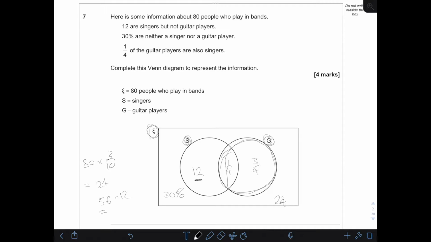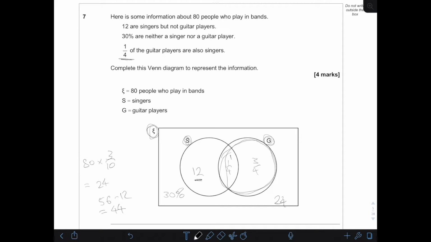We know that there are 44 of them. And now because we know 1/4 of them are sharing singer and guitarist, 1/4 of 44 is 11.